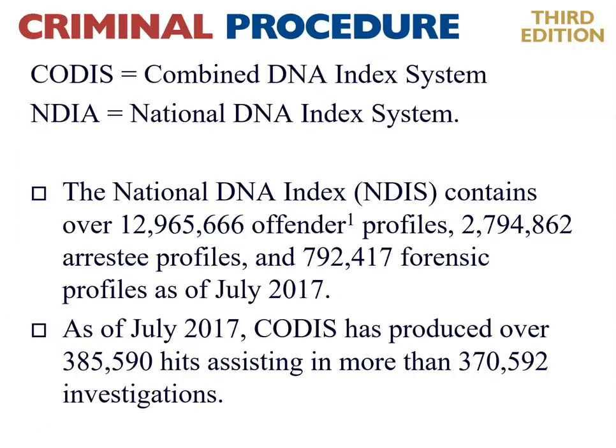A little bit more on DNA. CODIS is the Combined DNA Index System, and NDIS is the National DNA Index System. The National DNA Index contains over 12 million offender profiles, probably close to 3 million arrestee profiles, and almost 800,000 forensic profiles after 2017.